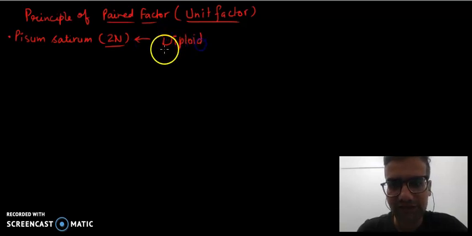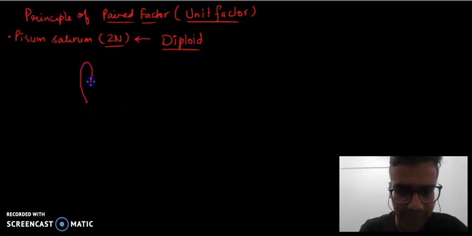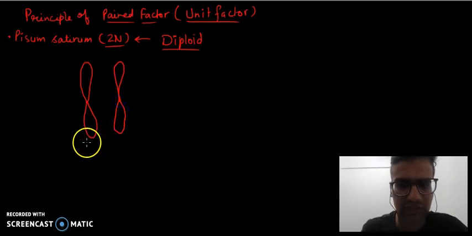What does this mean? This means that all the chromosomes are present in paired form, and this is the chromosome. Let us say this is the chromosome number 4 for the Pisum sativum, and this chromosome number 4 is present in the paired form.